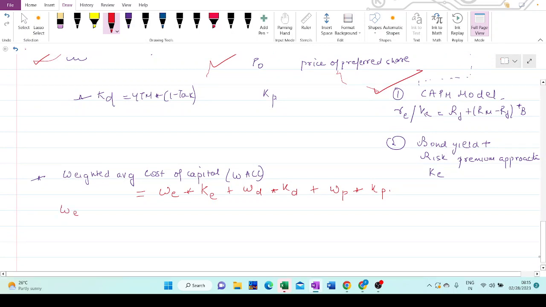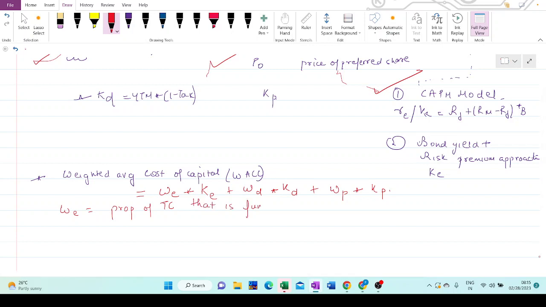Now, what is WE? It's the proportion of total capital that is funded through common equity.